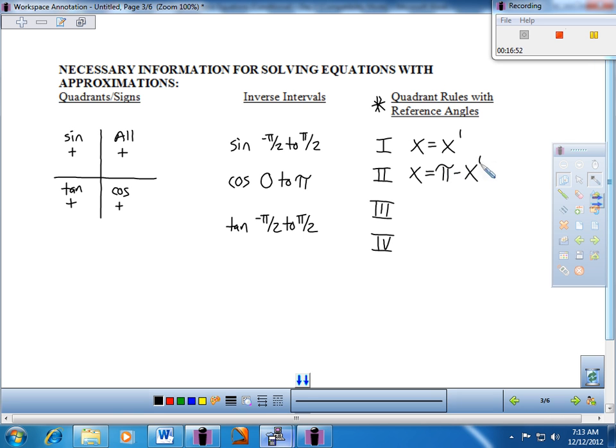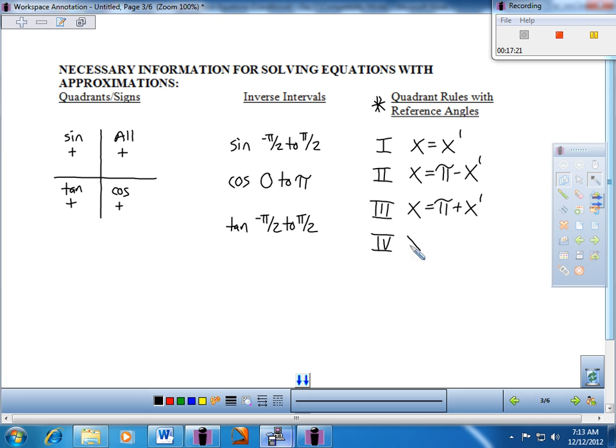But basically, it would be pi minus the reference angle. So when that calculator spits out the reference angle, and that's what we're going to want it to do, we do pi minus. That's our answer in quadrant 2. Quadrant 2 is pi minus, everybody. In quadrant 3, it's pi plus. Same deal, everybody. When the calculator gives us the reference angle, and I know my answer is in quadrant 3, I do pi plus, and that's one of my answers.